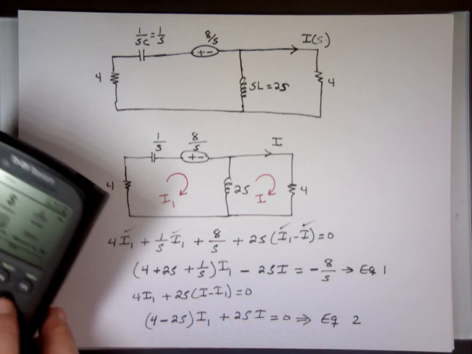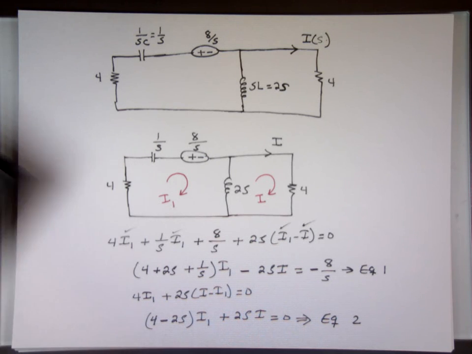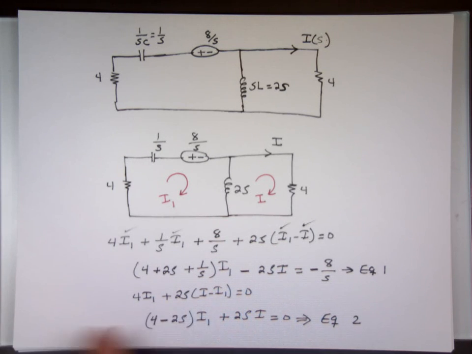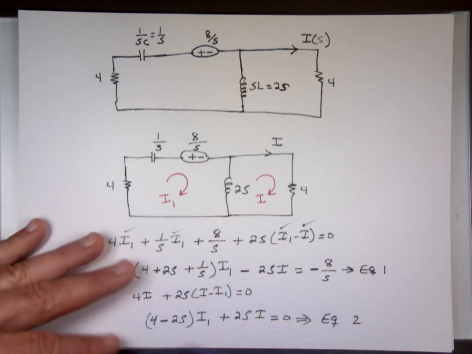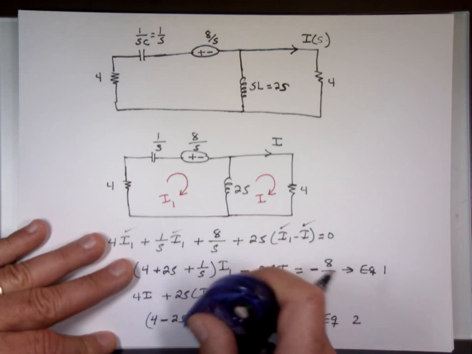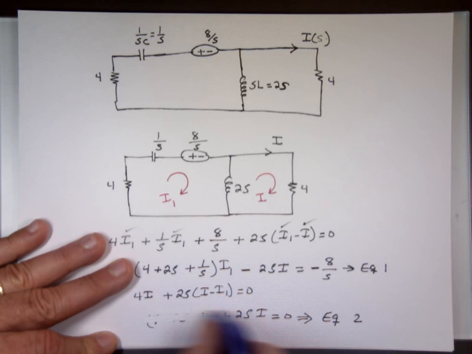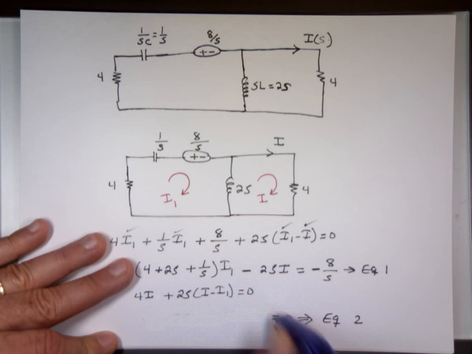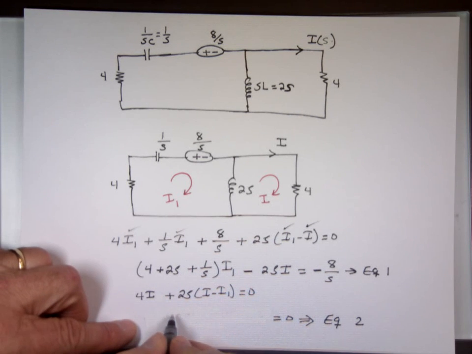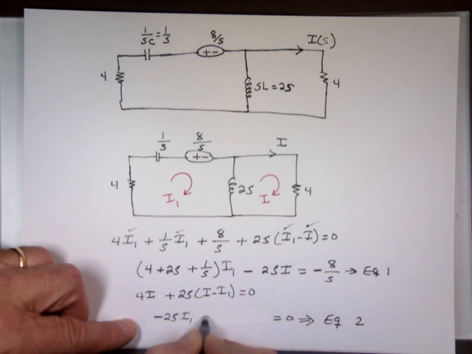So wouldn't that be 4I plus 2S times I minus I sub 1? Yes, that's I, not I sub 1. Thank you, good job. One little letter there will change the whole thing. So that's negative 2S I sub 1 plus 4 plus 2S times I equals 0, and that's equation 2.